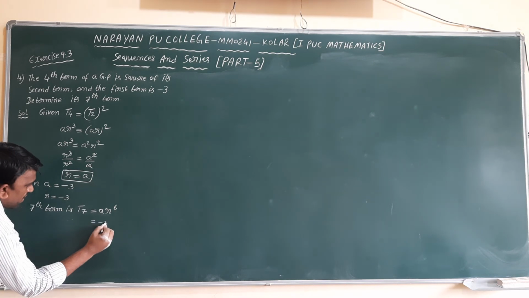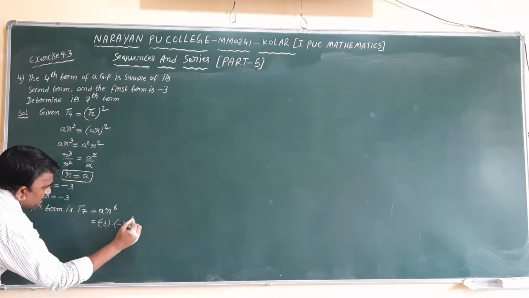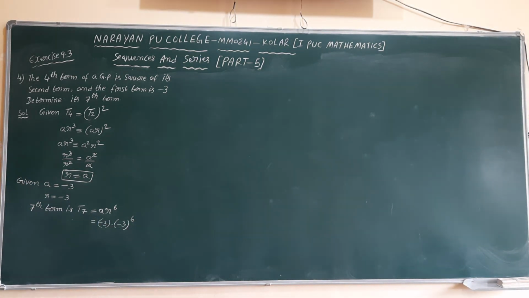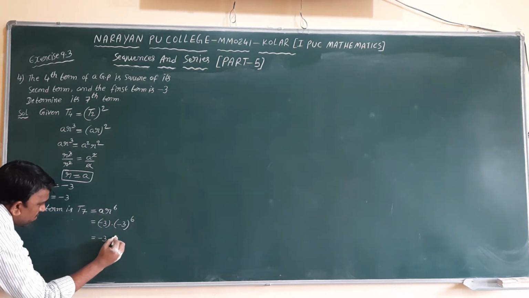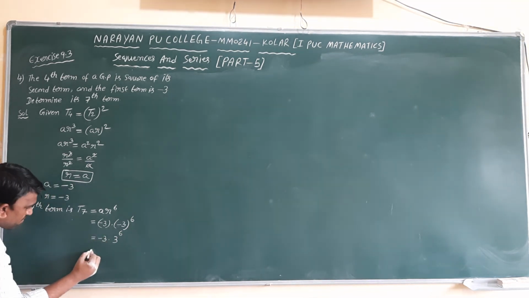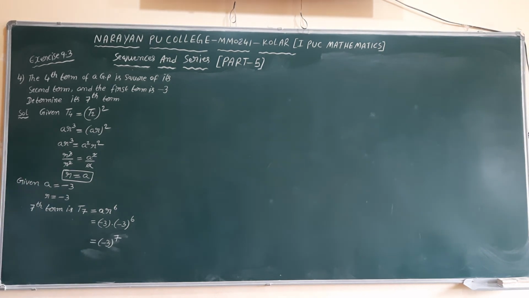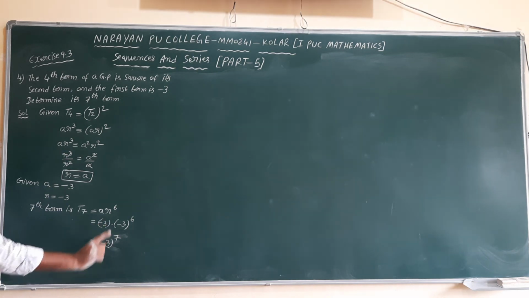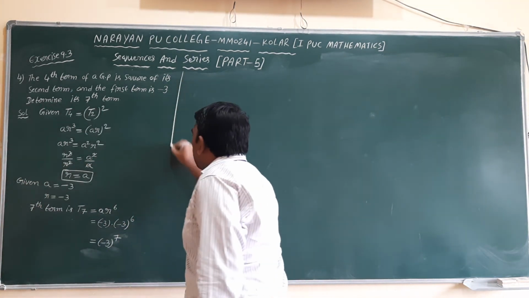A means minus 3 into minus 3 whole power 6. Because minus 3 power 6 is an even power, it will be positive. Minus 3 into minus 3 power 6, so bases are same, powers we should add. Minus 3 whole power 7. You can simplify that, you will get the answer.